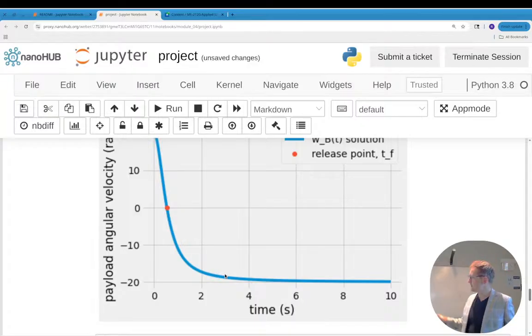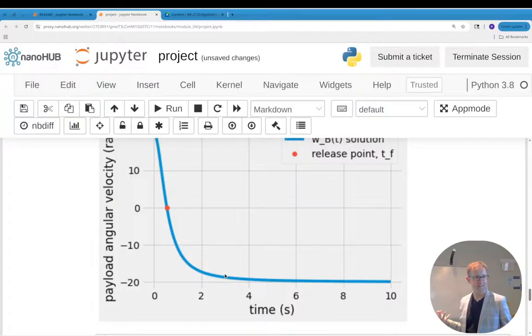We're still hitting that negative 20. So we start at 20, and if we just hold on to it as long as we can, we're going to end up at negative 20. After about 3-4 seconds, we're right there, spinning at the same speed but in the opposite direction.